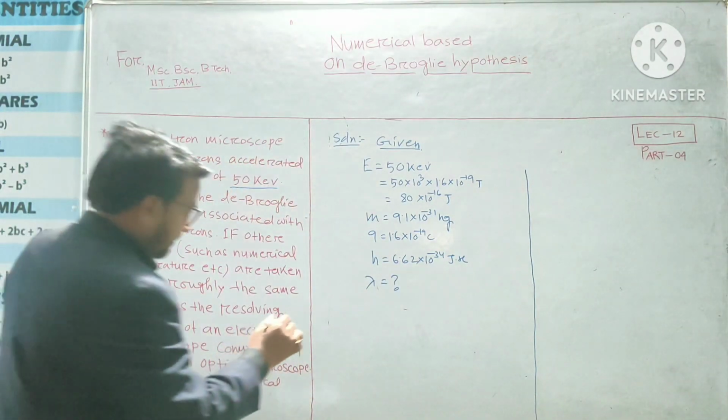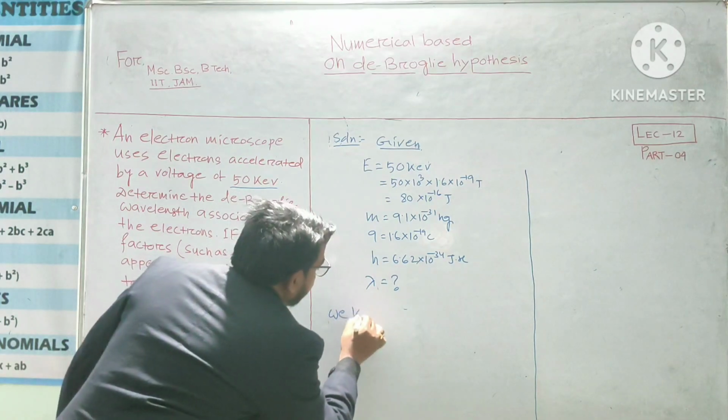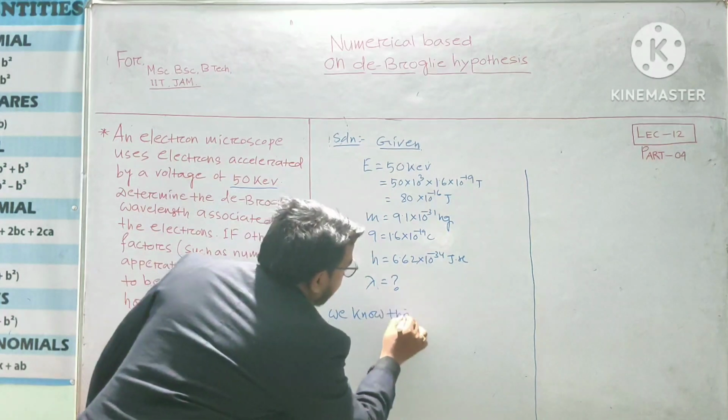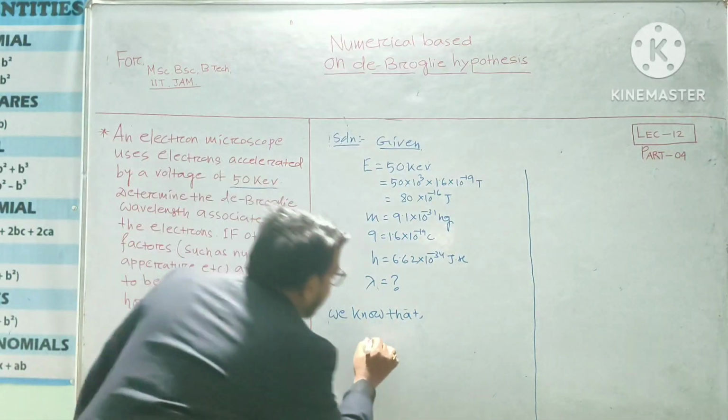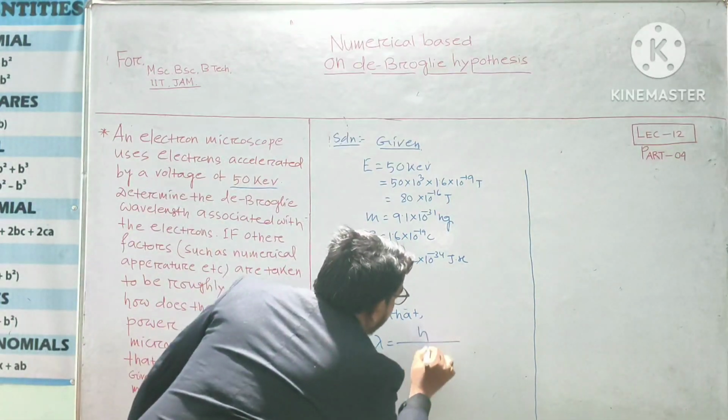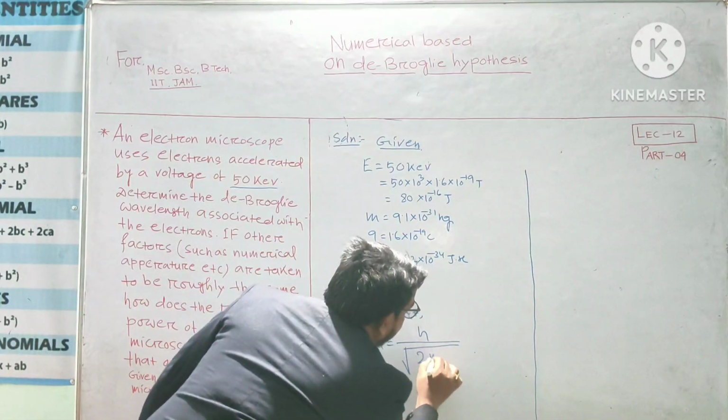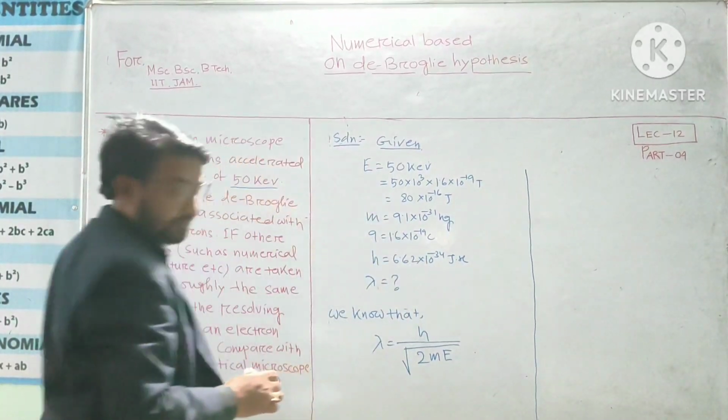So we know that, first of all we are going to find out the wavelength of the electron. So lambda equals h by under root of 2mE.